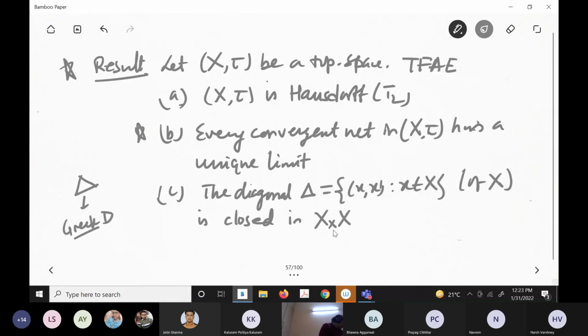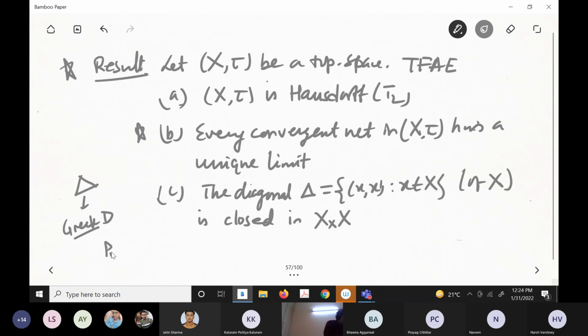In the product space, if we do not say anything, it has to be the product topology. Okay, right? So look, A implies B, already you know the proof. So I will prove B implies C and C implies A. I'm giving you the proof.